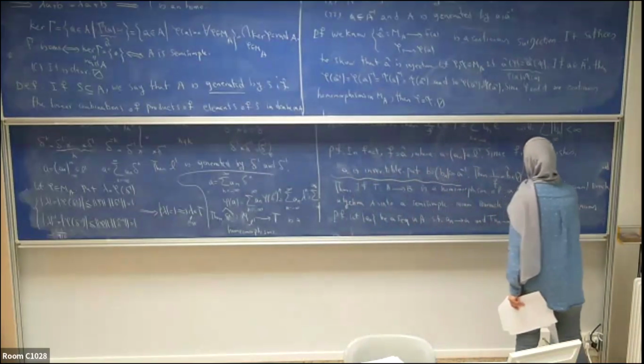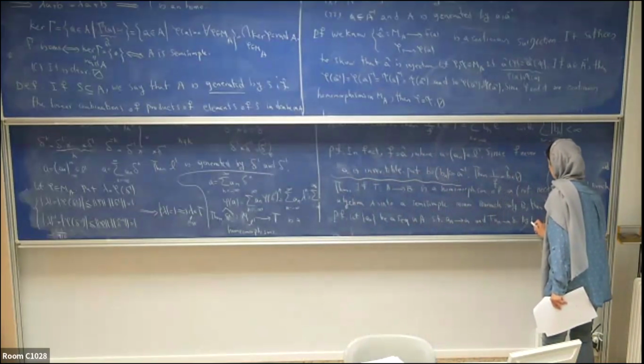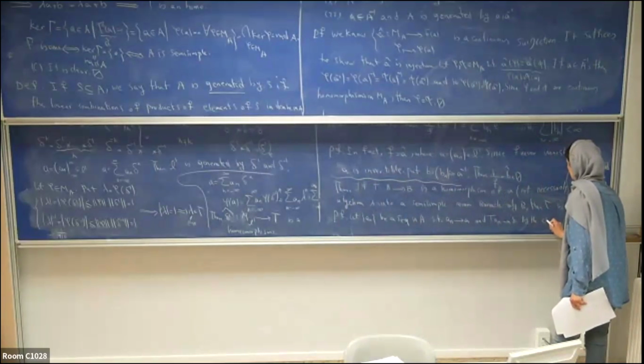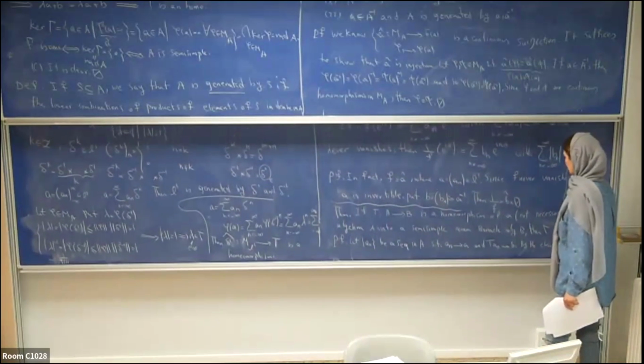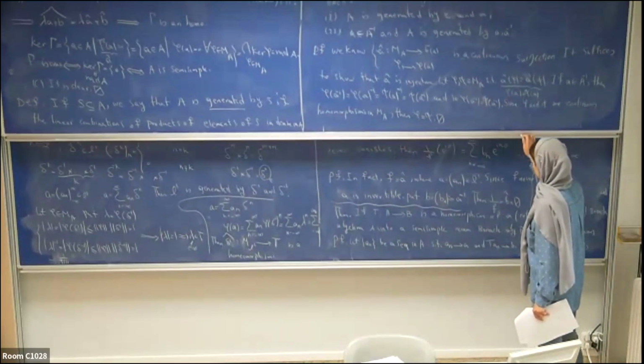By the closed graph theorem, it's enough to show that b is T of a.